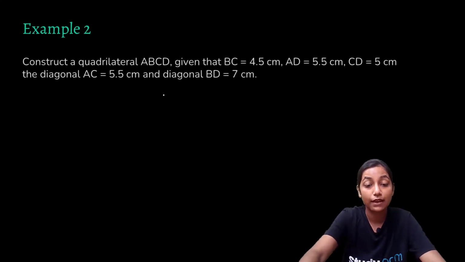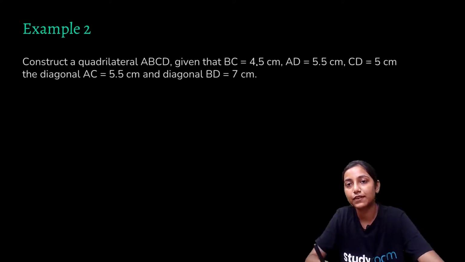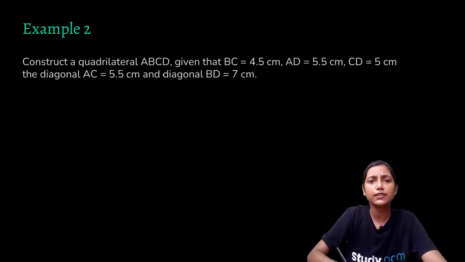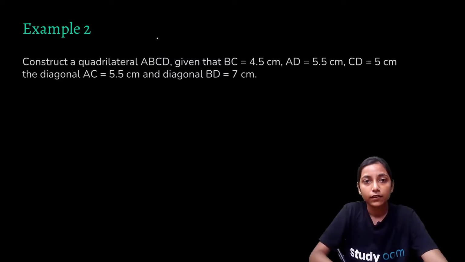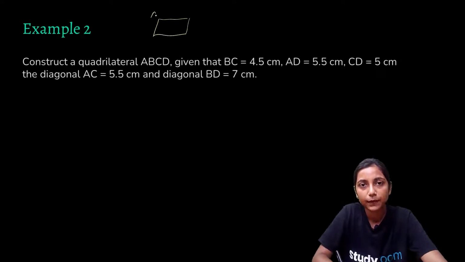So say we have example number 2, that is, construct a quadrilateral ABCD given that BC is 4.5 cm, AD is 5.5 cm, CD is 5 cm and the diagonals AC is 5.5 cm and BD is 7 cm. First of all, just construct a rough sketch for ABCD. A, B, C, D, right?